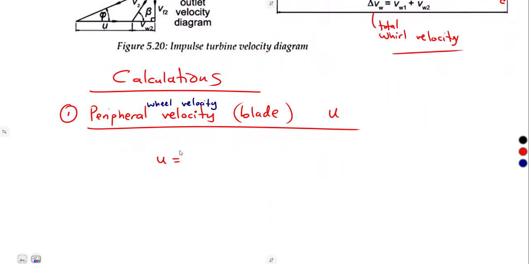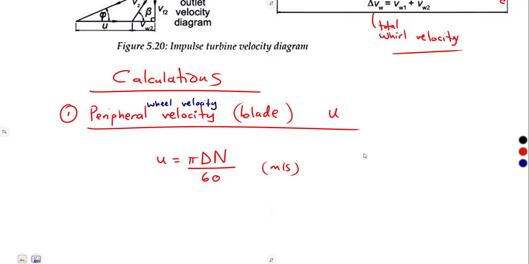So U is equal to pi D N over 60. All right, to convert this one to revs per second, N must be revs per second. So you have to divide by 60 because you are given this one in what? In revs per minute. So we have to convert to per second by dividing by 60, and we want to obtain what?